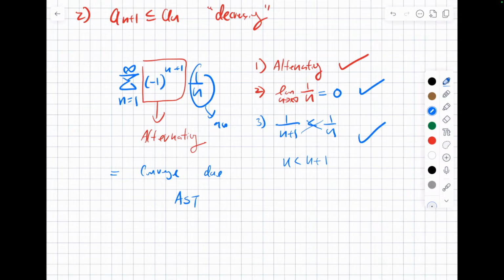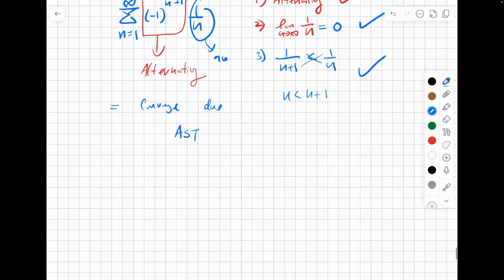What's the name of the series? Alternating harmonic. Right? Because the summation of 1 over n from n equals 1 to infinity, this is the harmonic series.